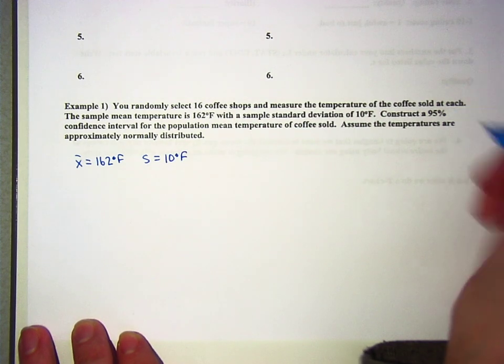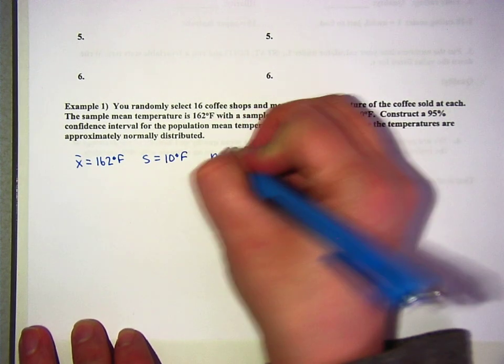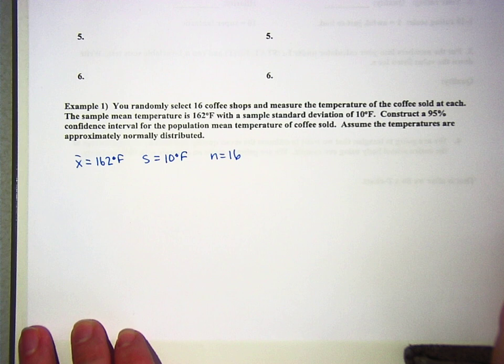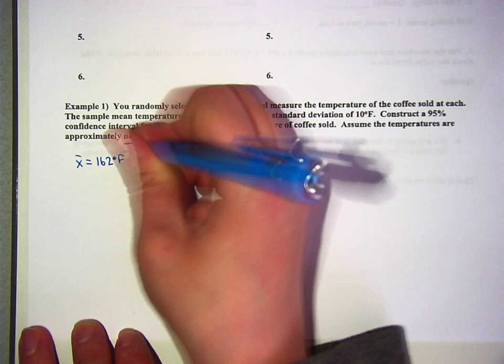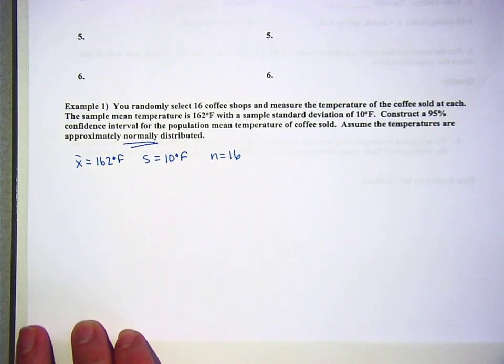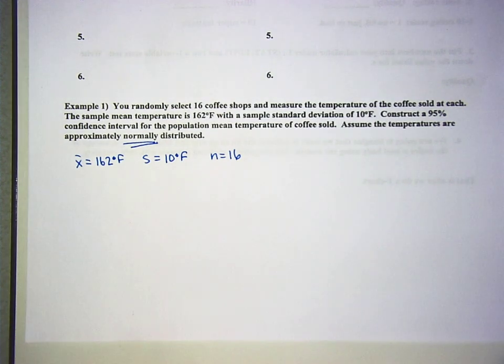This is going to be a 95% confidence interval. Our n is 16. It says that it's normal, and it doesn't say that it's a population standard deviation. In general, if it just says standard deviation and doesn't say whether it's population or sample, you assume it's a sample that's related to the sample that you just saw. So number 1 is done.